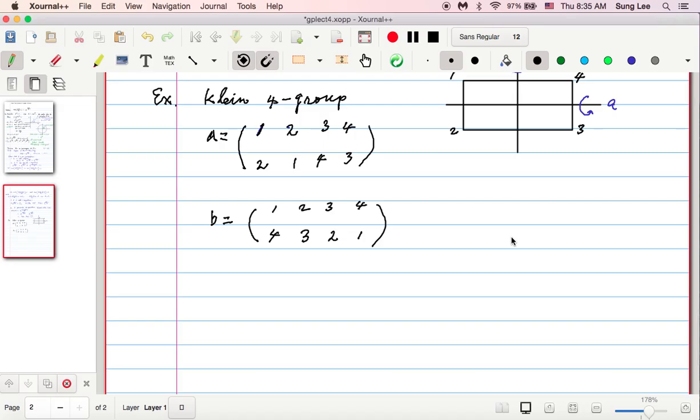So we want to calculate A times B. That's 1, 2, 3, 4 over 2, 1, 4, 3, times 1, 2, 3, 4 over 4, 3, 2, 1.